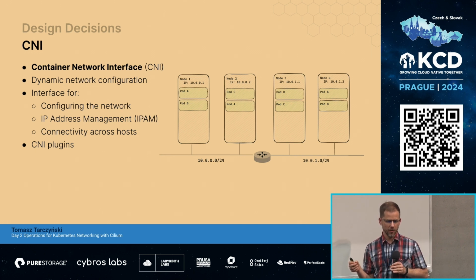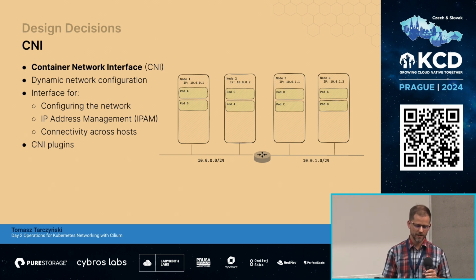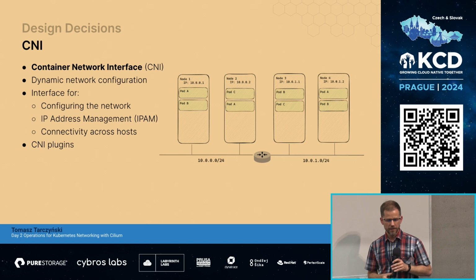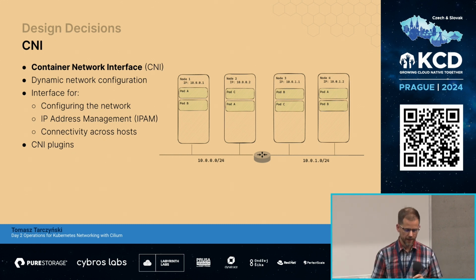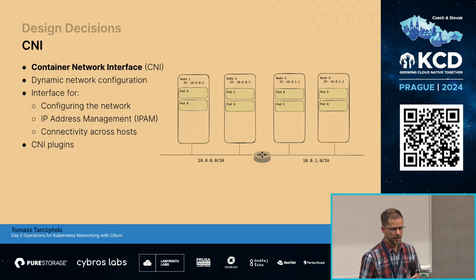And now, building on top of that, I would like to focus on one of the components, the CNI. CNI is the Container Network Interface. So that's a standard API defined by Kubernetes. It deals mostly with two important topics.